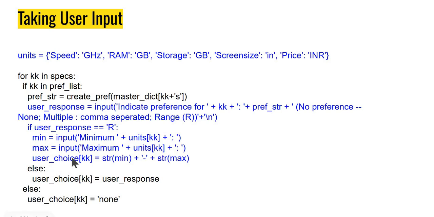Now, user choice is quite interesting here. In the earlier case, user choice was directly coming from the response, but here we are processing the response a little bit, and then creating a user choice between string min to string max. Now first let's do this much so that we understand the next part will make more sense.